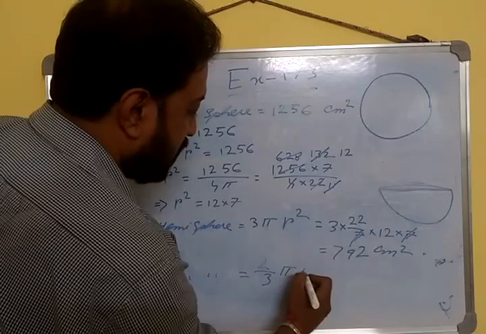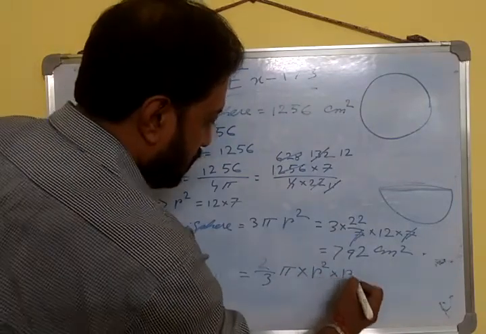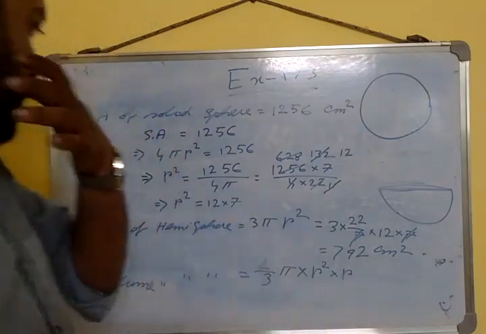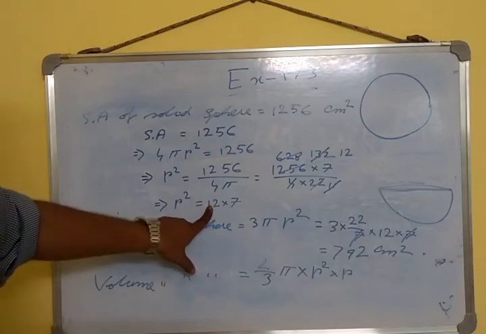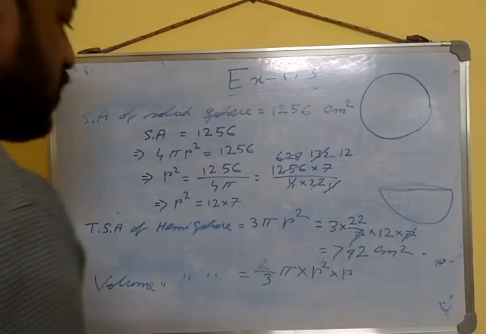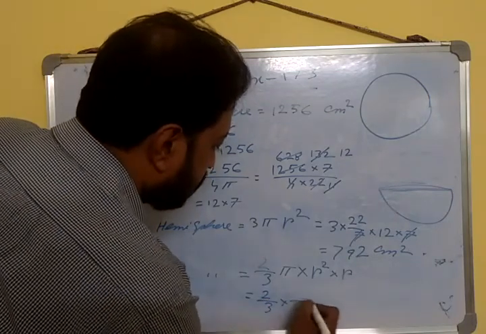Pi is fine. R cube means r square into r. But I don't have the value of r. I have the value of r square, but I don't have the value of r. So it will be a very critical calculation.